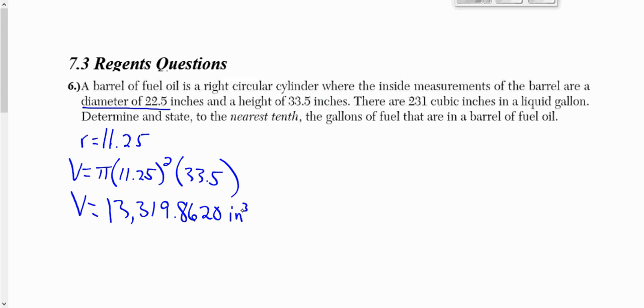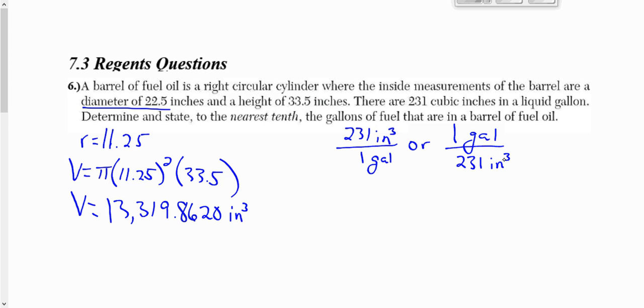Gallons. So I need to set something up so that the cubic inches cancel, the units cancel, right? The ratio they gave us is 231 cubic inches for 1 gallon. Could I also write that ratio the other way? Or I could write it as 1 gallon to 231 cubic inches.